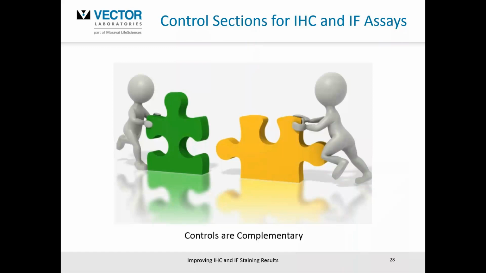If you don't run these controls, any staining you get on your test specimen is essentially meaningless. It really is. So this is why you have to put in these known positive and negative control sections. They're supposed to be used synergistically with your test specimen.